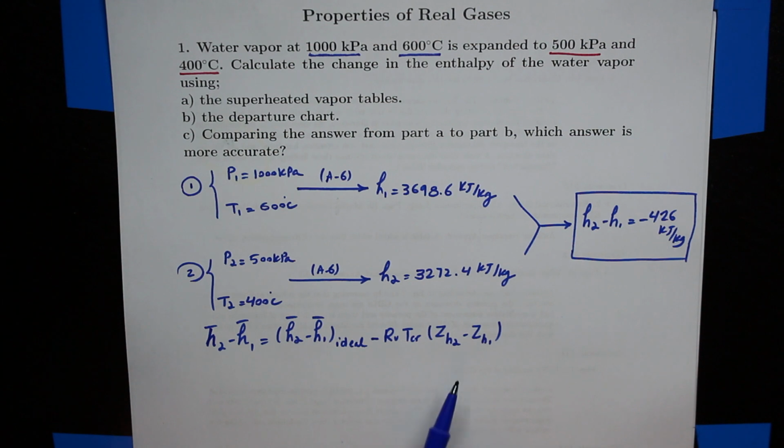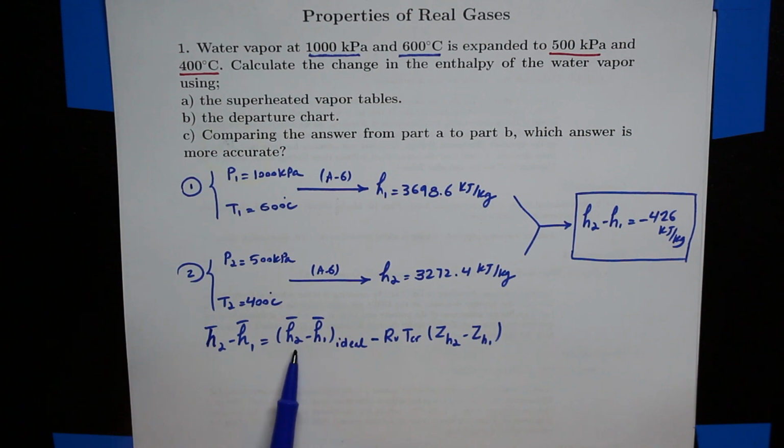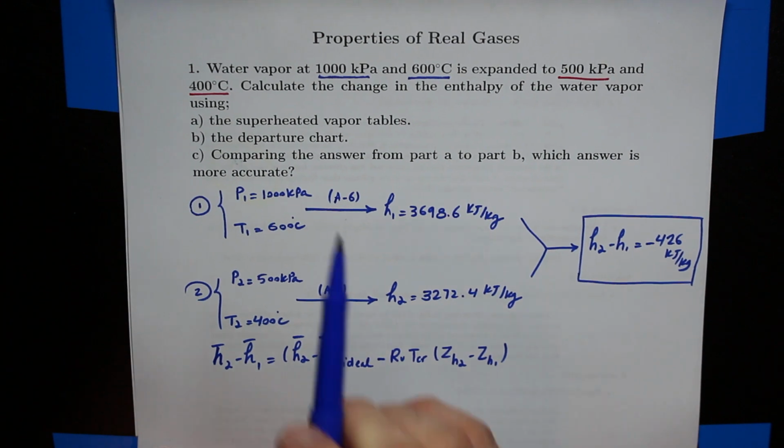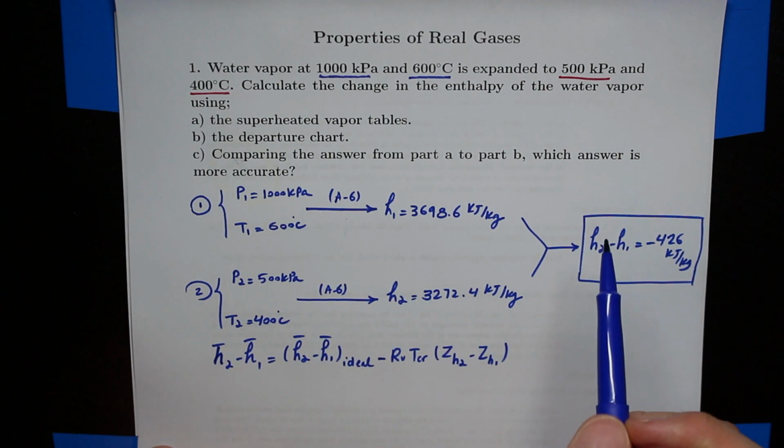Okay, so I need to find a couple of things. One of the things that I need to find is H bar ideal. So basically, H bar ideal means the steam or the gas is behaving ideally.